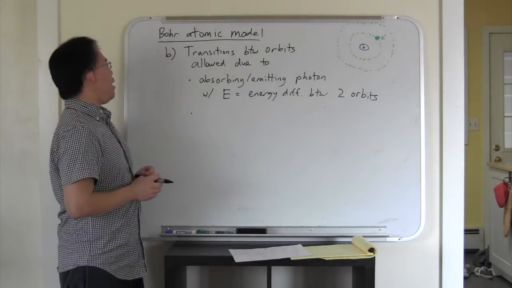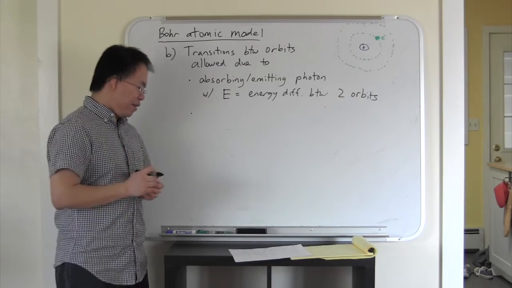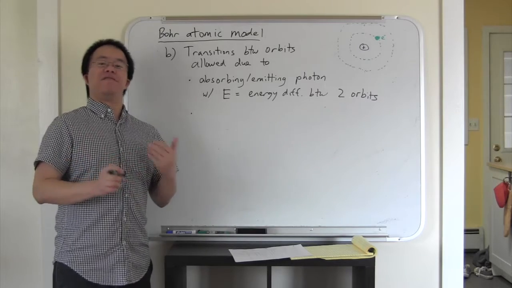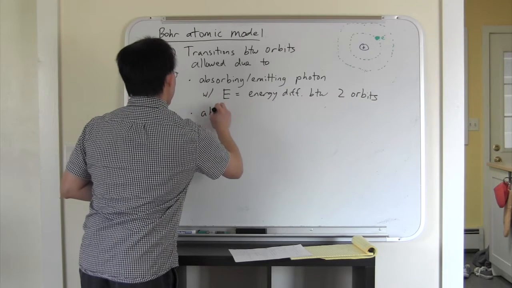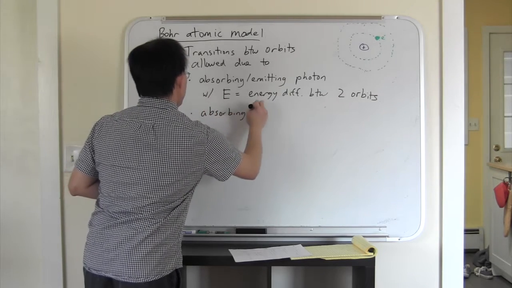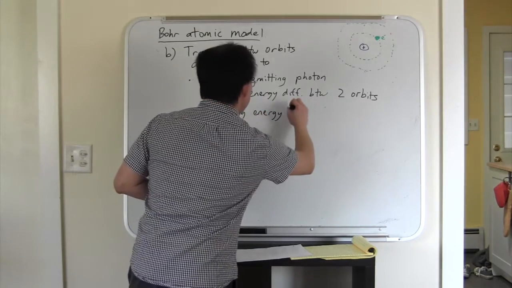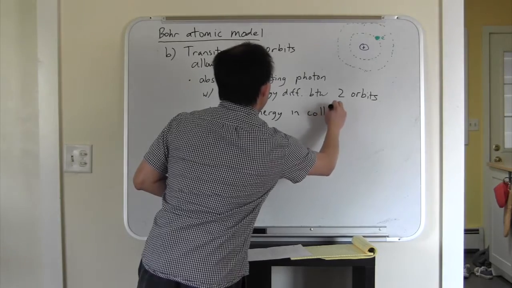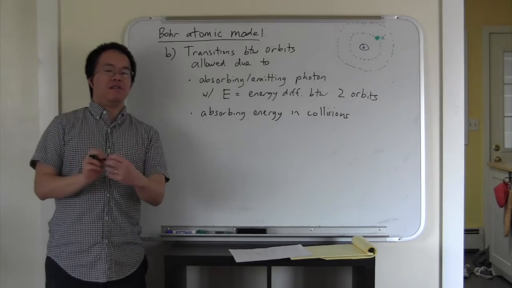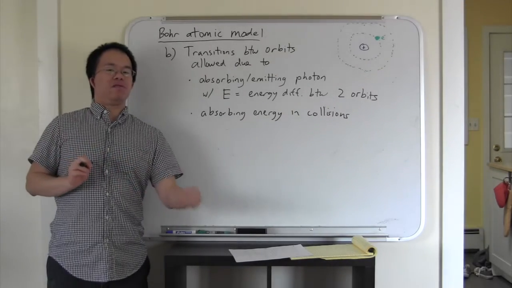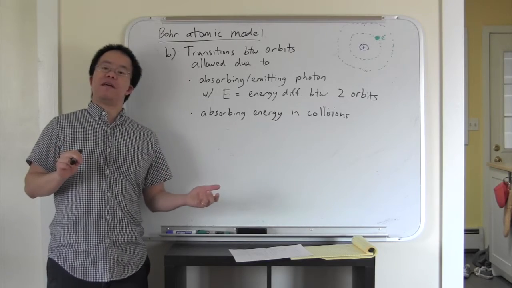The second way that you can have transition between orbits is by having atoms that are excited via collisions, namely, due to absorbing energy in collisions. So the best example of this sort of thing is those spectral emission tubes, like what I showed you on the emission spectrum slide at the beginning of the class.